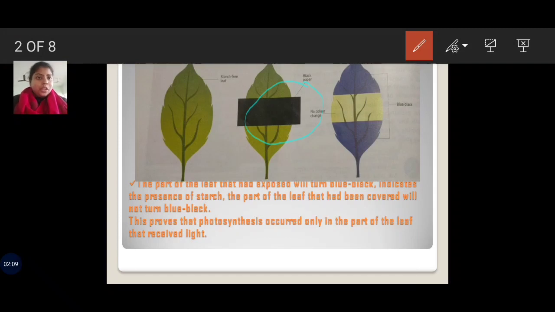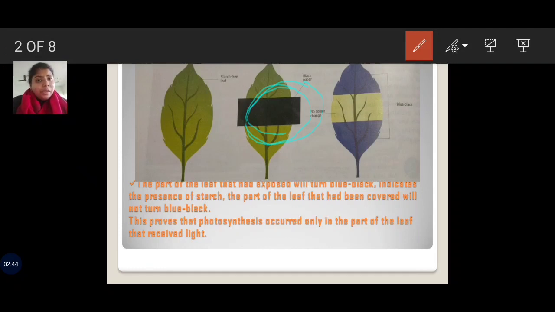Okay. So after you cover part of a leaf, you will keep that potted plant under the sun. You will leave the potted plant the whole day, properly exposed especially during the afternoon. In the previous video I told you that during the afternoon, due to the intensity, the rate of photosynthesis increases.